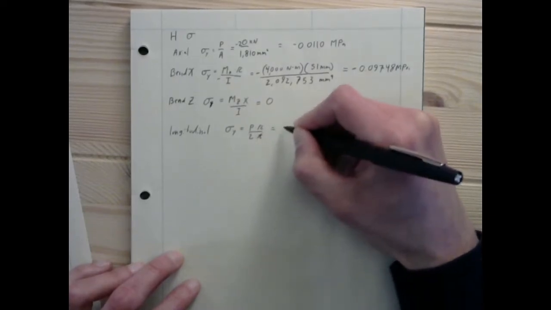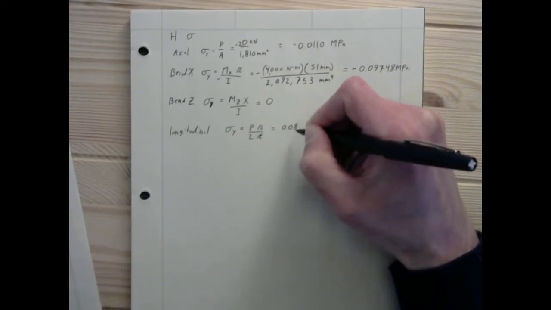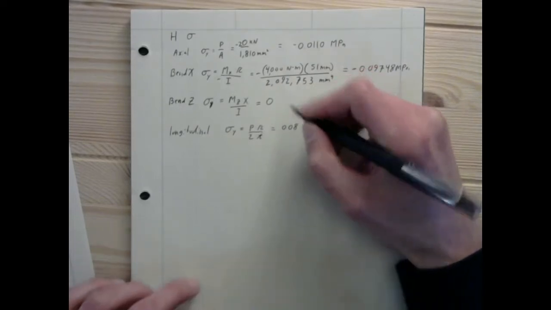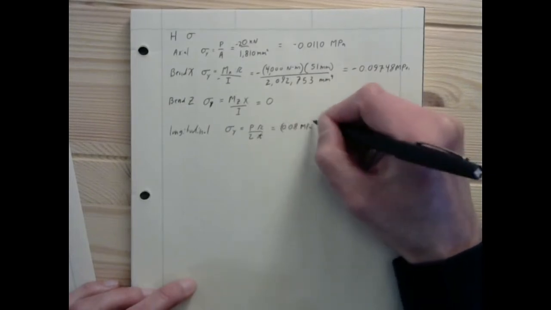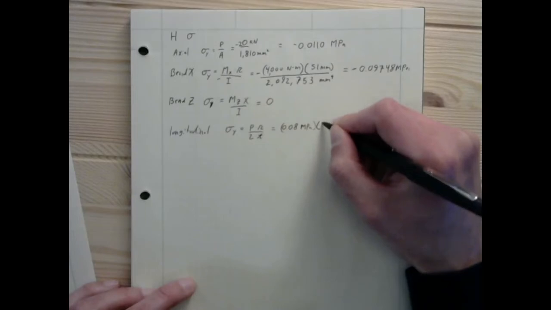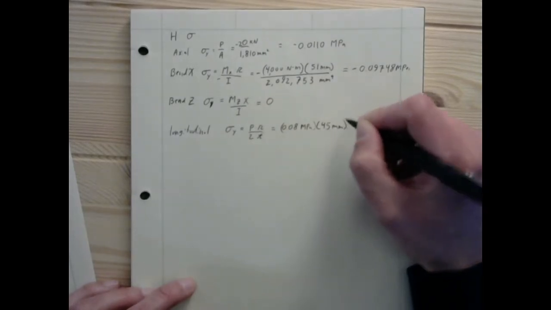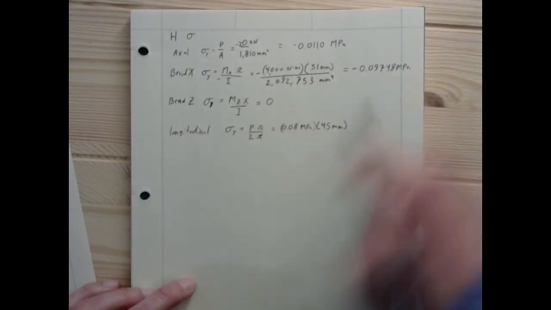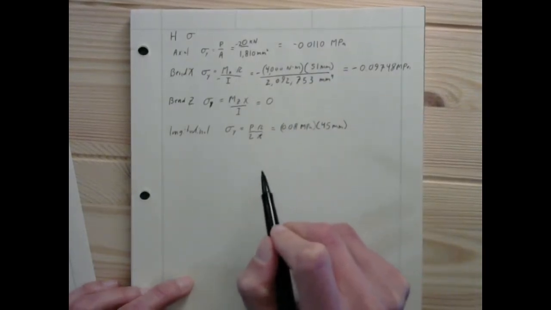Or in this case, we were given 0.08 megapascals times 45 millimeters is our inner radius. Remember, in the case of thin-walled pressure vessels, we deal with the inner radius.